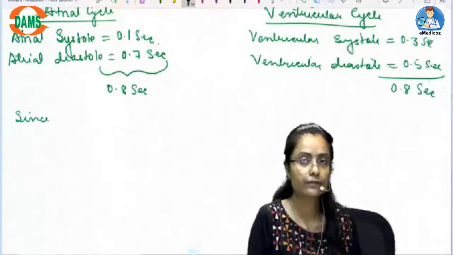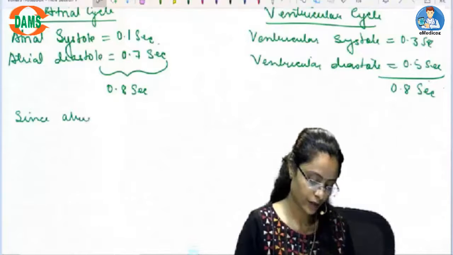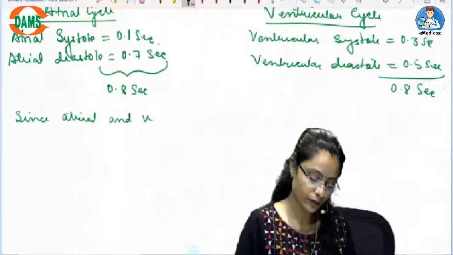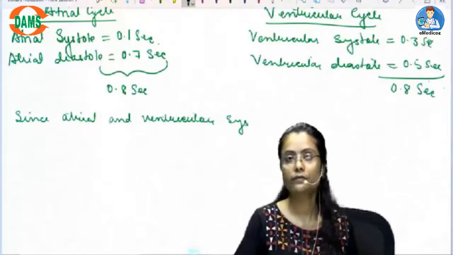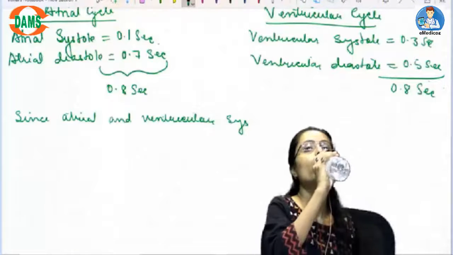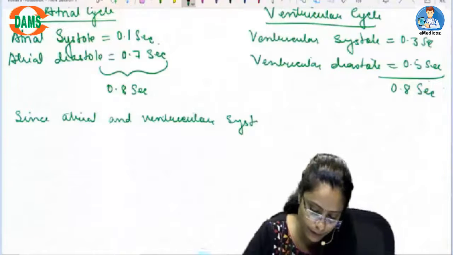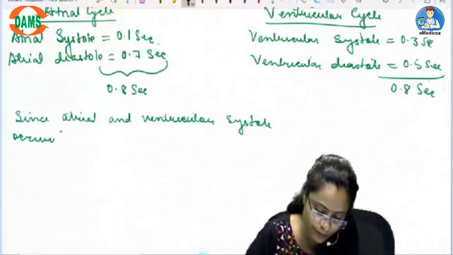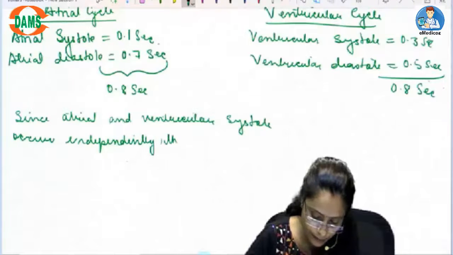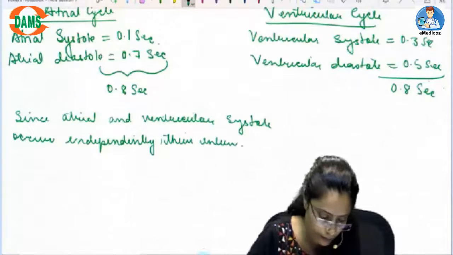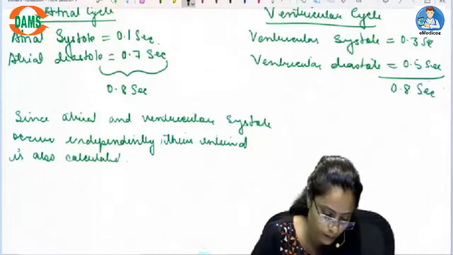Since arterial and ventricular systole occur independently, their intervals are also calculated separately.